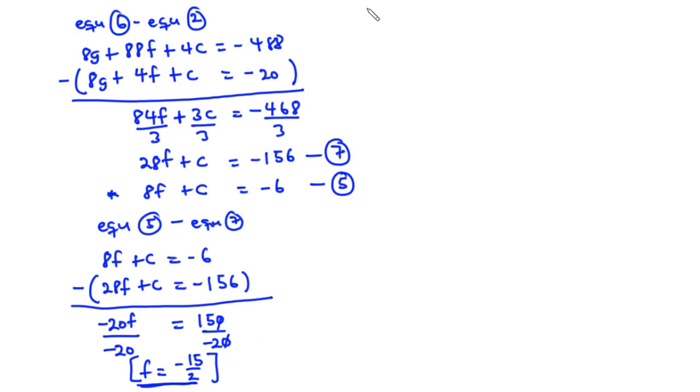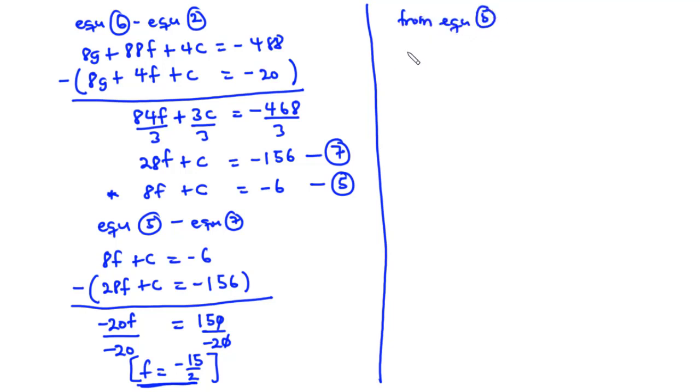Now since we have the value of F, we can substitute F into equation 5. So from equation 5, C equals, we are going to transpose 8F to the right hand side, so that is negative 6 minus 8F.